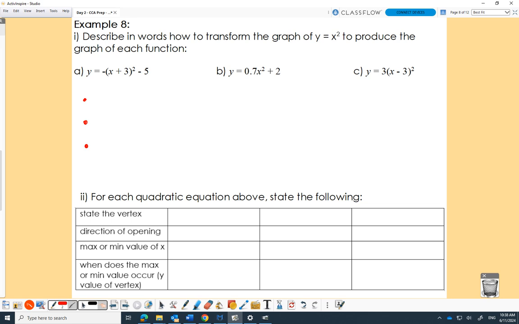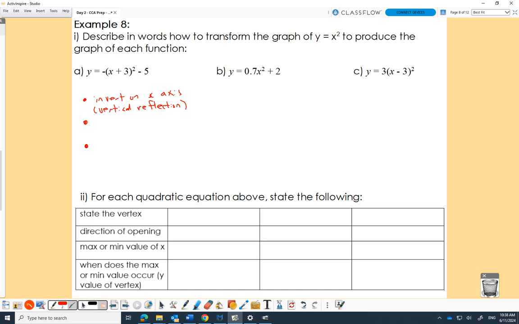Invert on the x-axis. Maybe you called that vertical reflection. If he's using words that are unfamiliar, they're great words, but maybe you've been calling it vertical reflection, and that's fine too. That's the first thing that's happening. That comes from the negative up front.